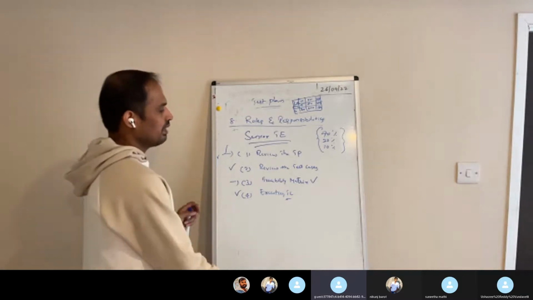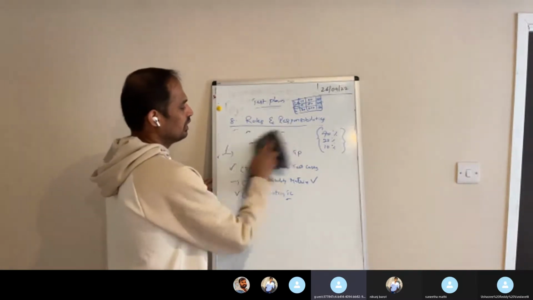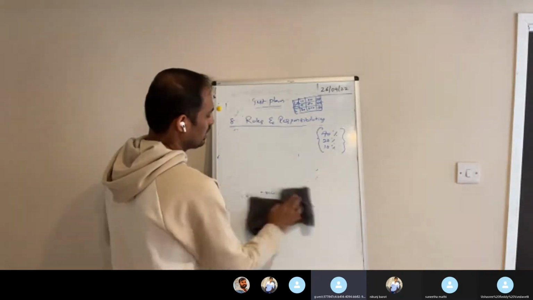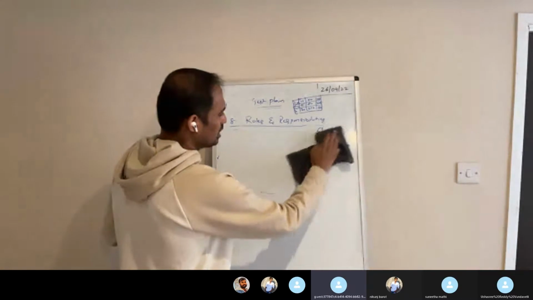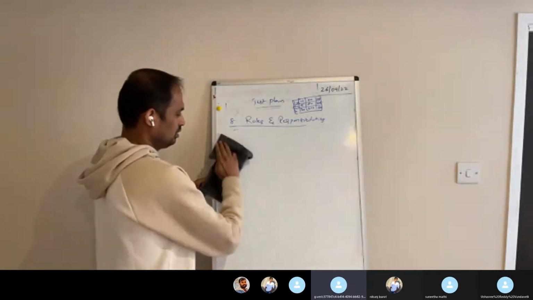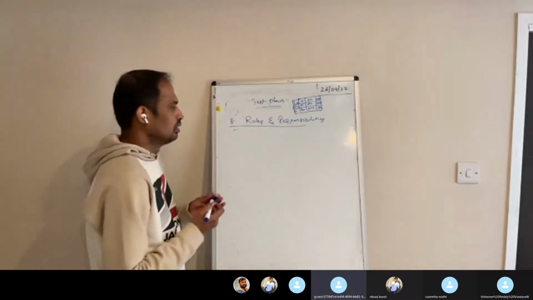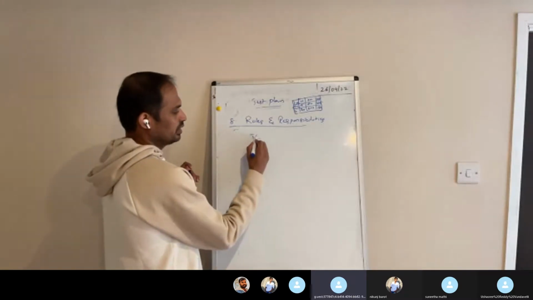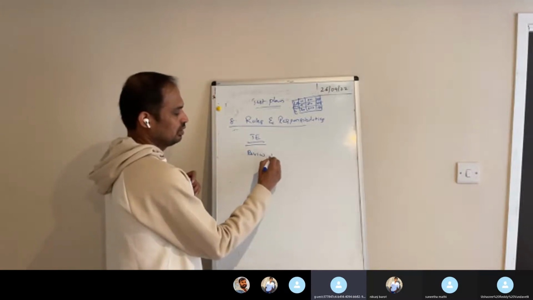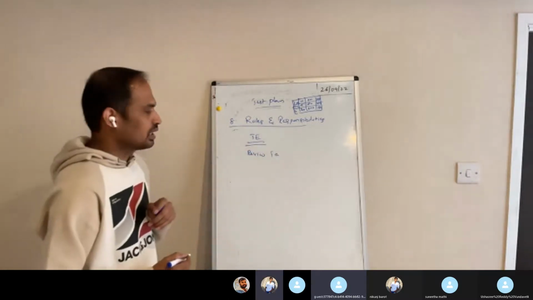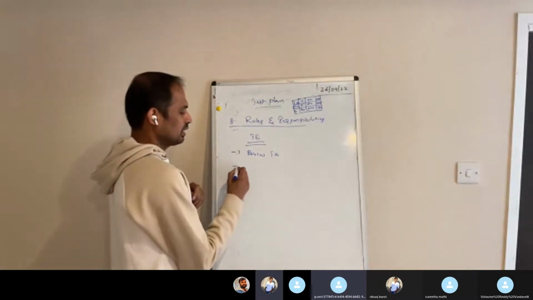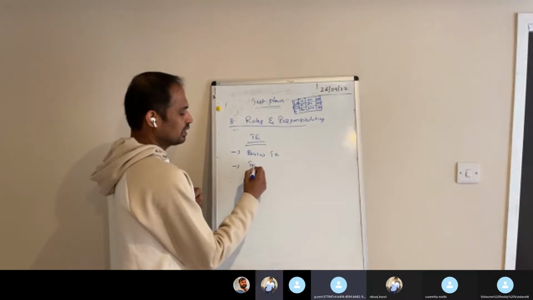Okay. Same way, as a test engineer, what are all the roles and responsibilities? Can you guess? Test engineer, he's gonna review the test cases because we review test cases between two testers, right? He's gonna write the test cases.